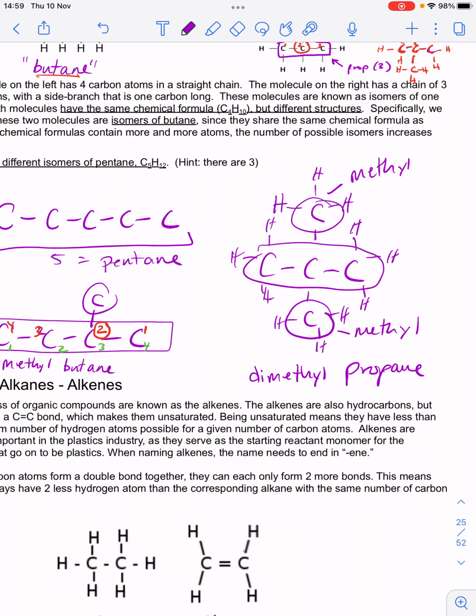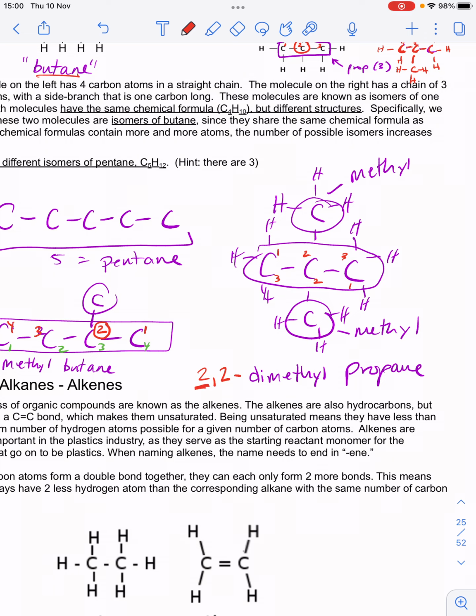If I want to include numbers, then let's number, well again, what number carbon is it on? 1, 2, 3, or if I number it this way, 1, 2, 3. Either way, I'm on the 2, so good, I'm on the second carbon. And there's 2 methyl groups. I need to tell you where they both are. So 2, 2, dimethylpropane.